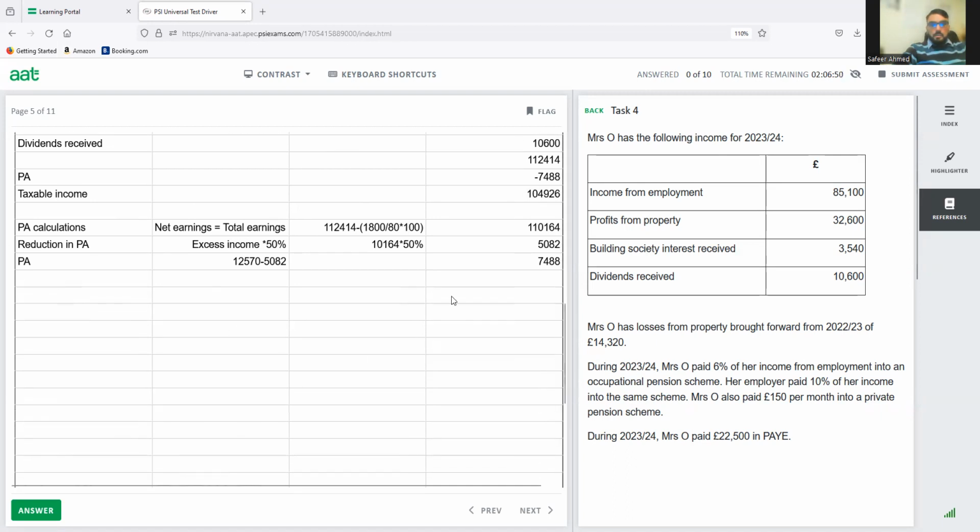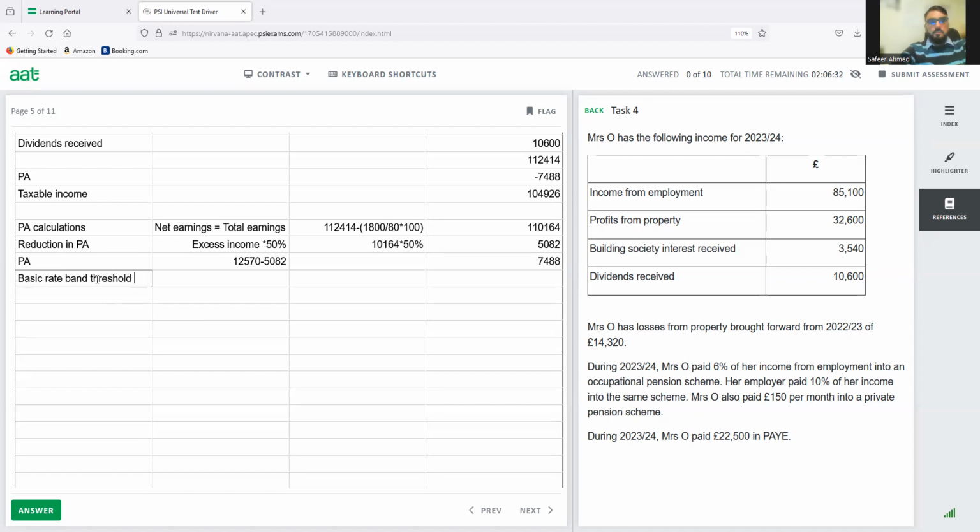Okay. Now, one thing we need to determine is the basic rate band threshold and similarly the higher rate band threshold, etc., whatever is applicable in here. So what will be the basic rate band threshold?